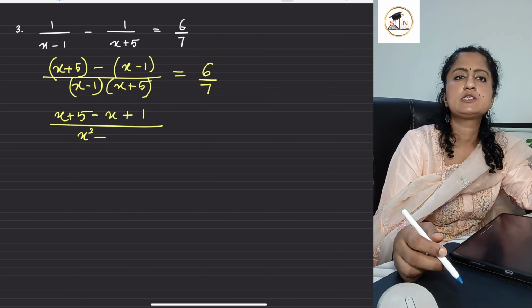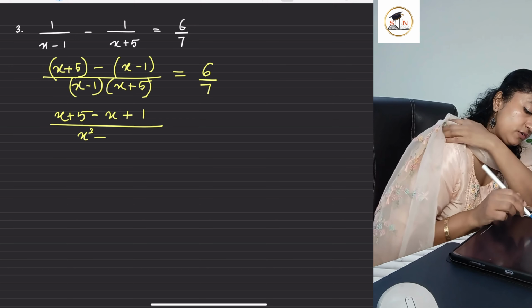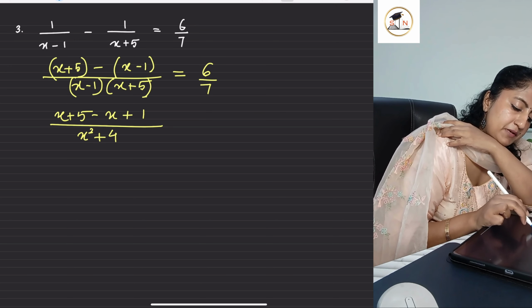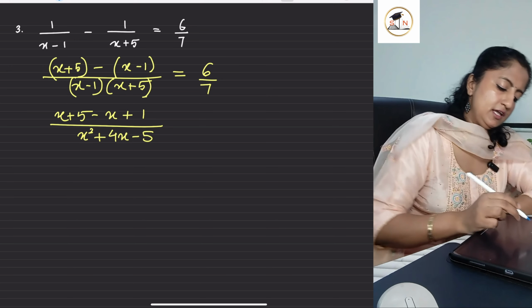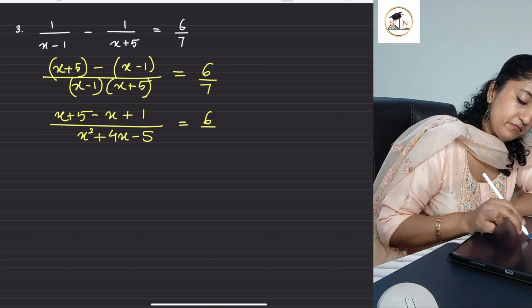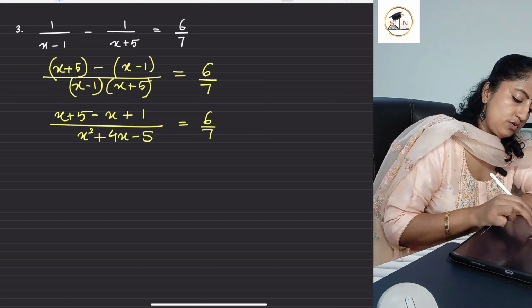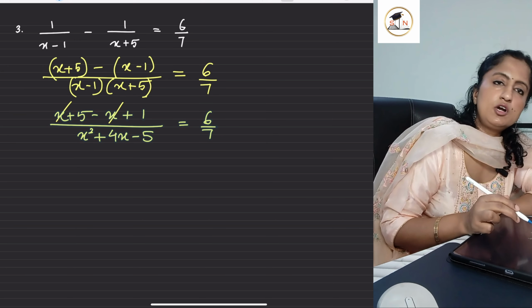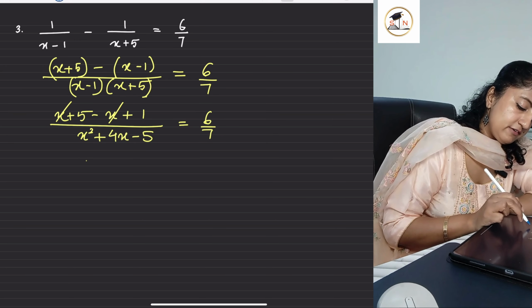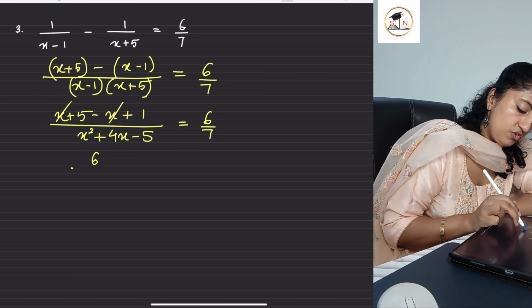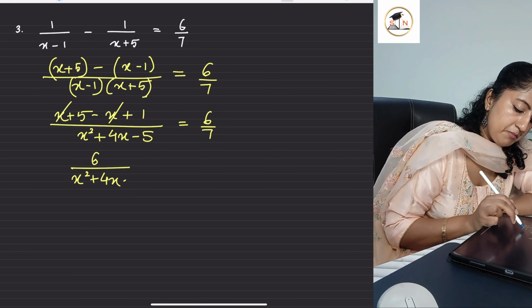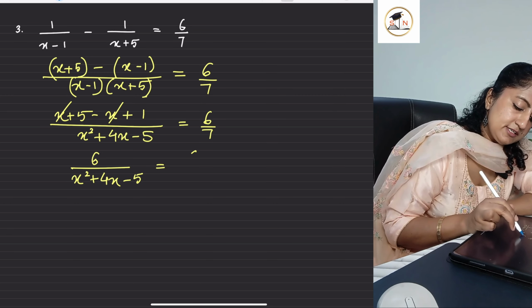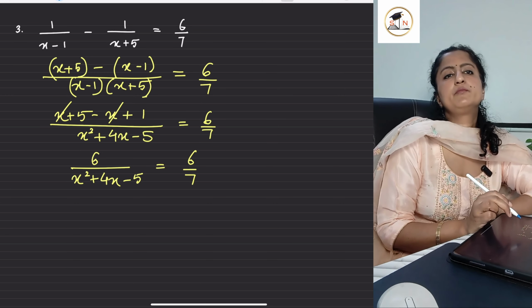So 5x minus 1x will give you 4x. So it is going to be plus 4x and then minus 5, right? Equals 6/7. So in the numerator, x and x got cancelled. We are just left with 6 over x squared plus 4x minus 5 equals 6/7.